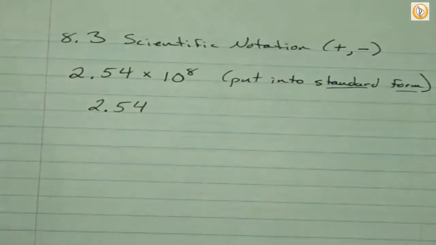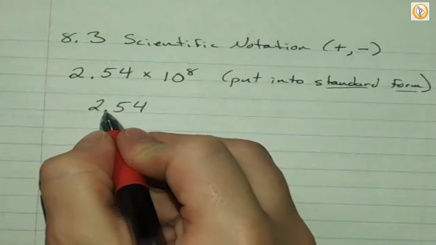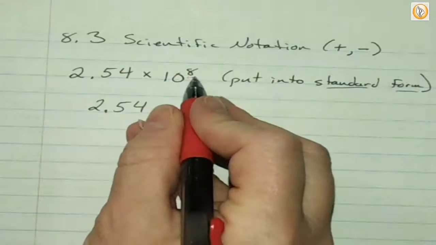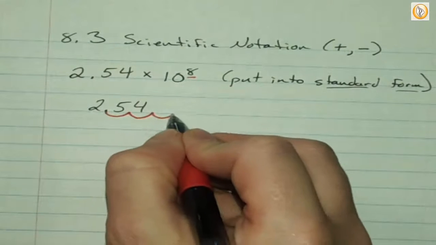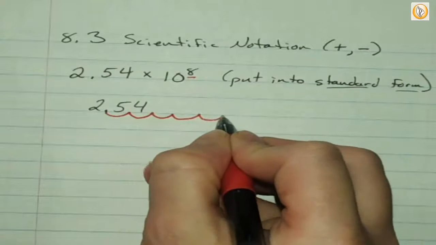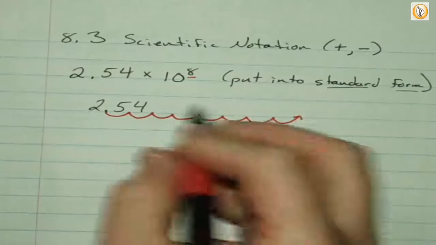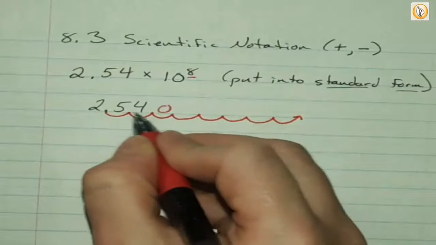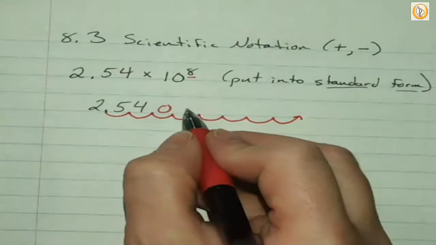So we're going to move the decimal right 8 times. 1, 2, 3, 4, 5, 6, 7, 8. And you got to be careful when you do this, because if you start putting zeros all over the place, you'll get a wrong answer.